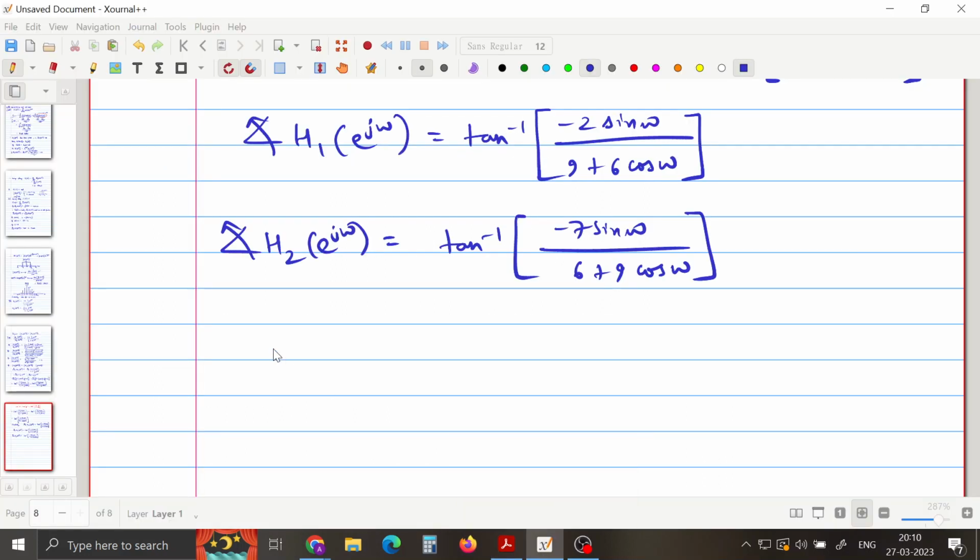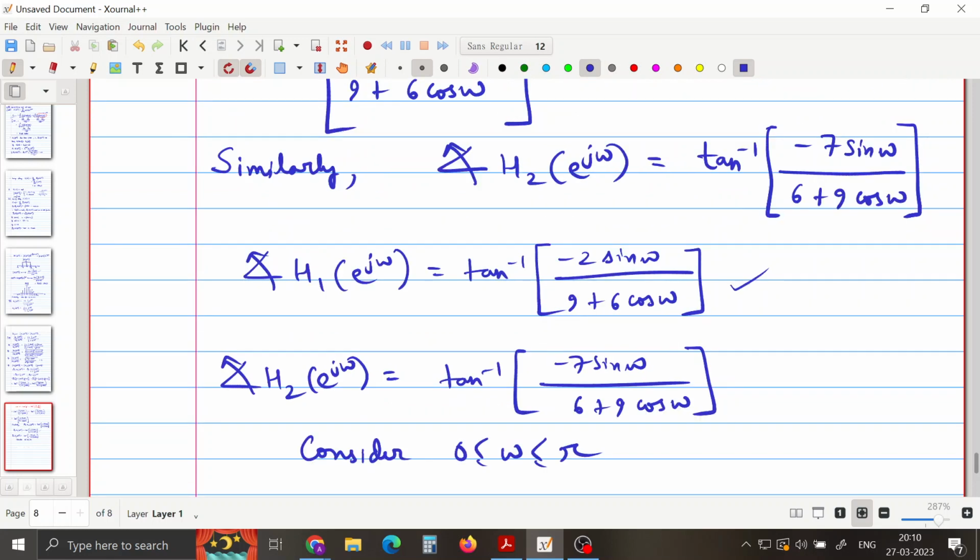So let's consider, let's say omega from... Can you please check whether H1 of e power j omega is 9 plus 6 cos omega or 2 plus 6 cos omega? Sir, which one are you talking about? H1 of e power j omega is tan inverse of minus 2 sin omega by 2 plus 6 cos omega or 9 plus 6 cos omega.